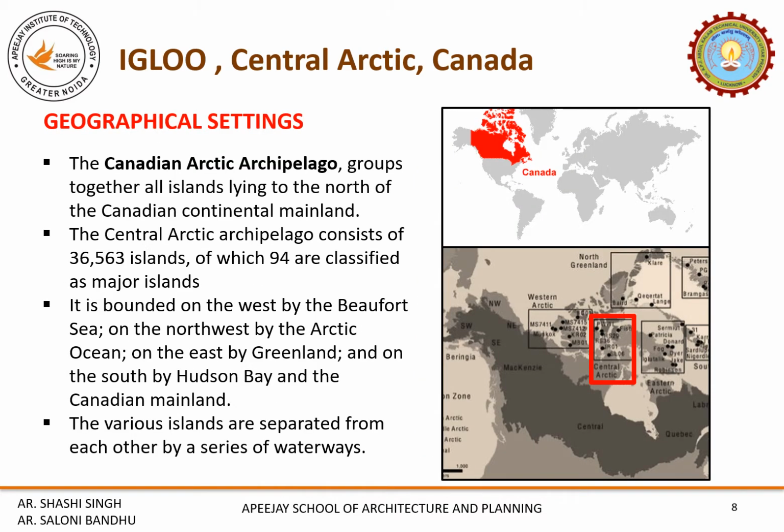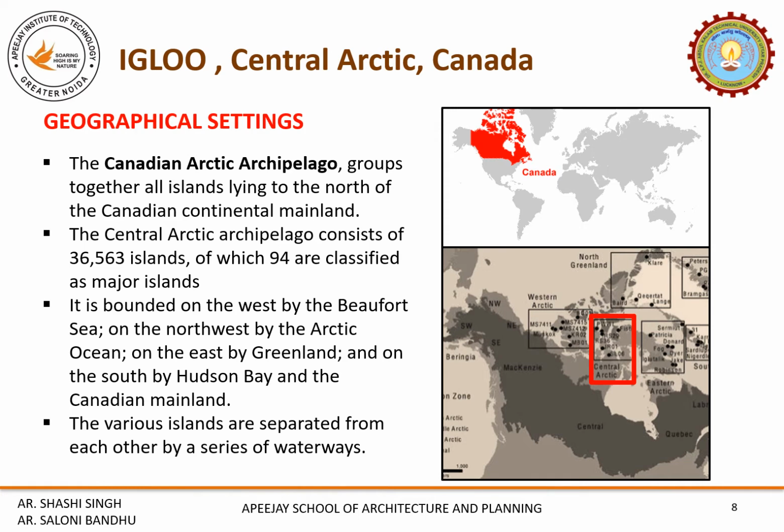Talking about the location and geographical setting of Central Arctic Canada, this place is known as the Canadian Arctic Archipelago. It is a group of islands lying to the north of the Canadian continental mainland. It consists of 36,563 islands, of which 94 are classified as major islands.